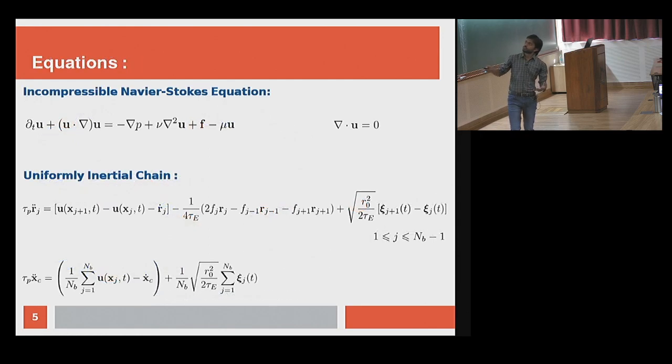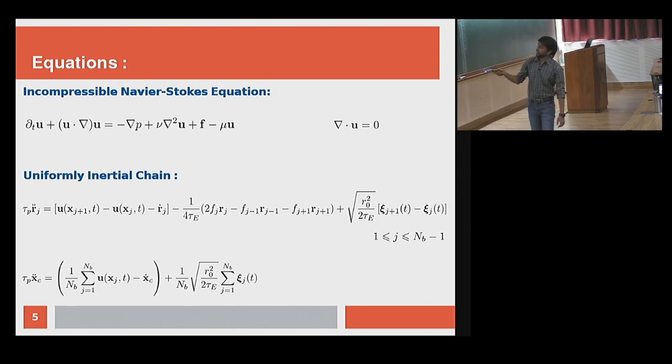This is the Navier-Stokes equation that leads to a turbulent flow, accompanied by the incompressibility condition. In this flow, we seed all these chains. This is the equation for the separation vectors, R_j.